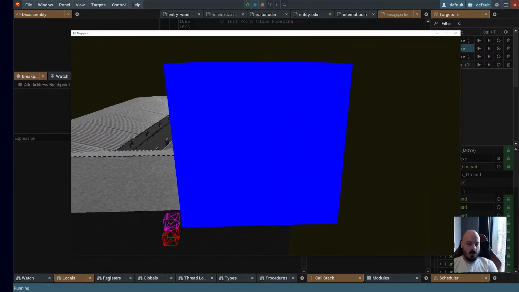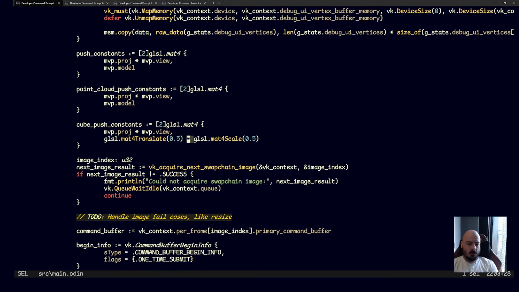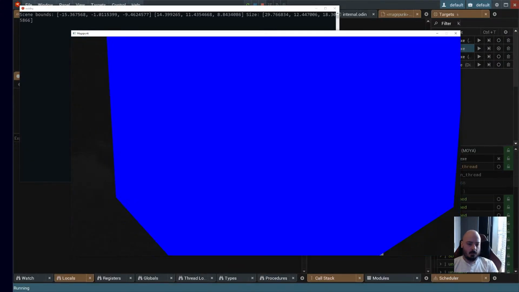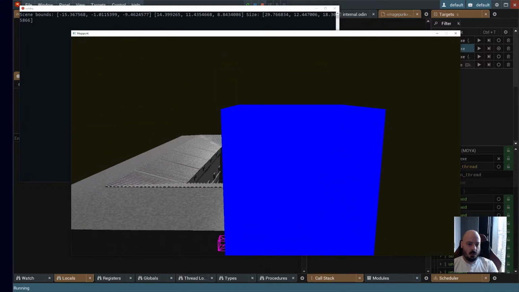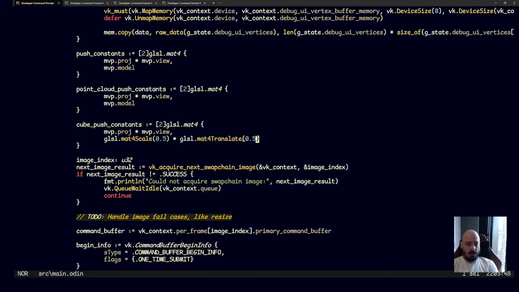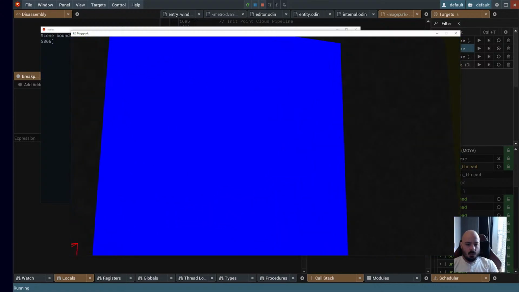Okay, so that gets us sort of back to what we had just before. Interesting. If I swap the order of these, we get the same result. That's unexpected. Okay, what if we scale it by 0.3 and then translate it by 0.5? Yeah, they're all still next to each other, I think.